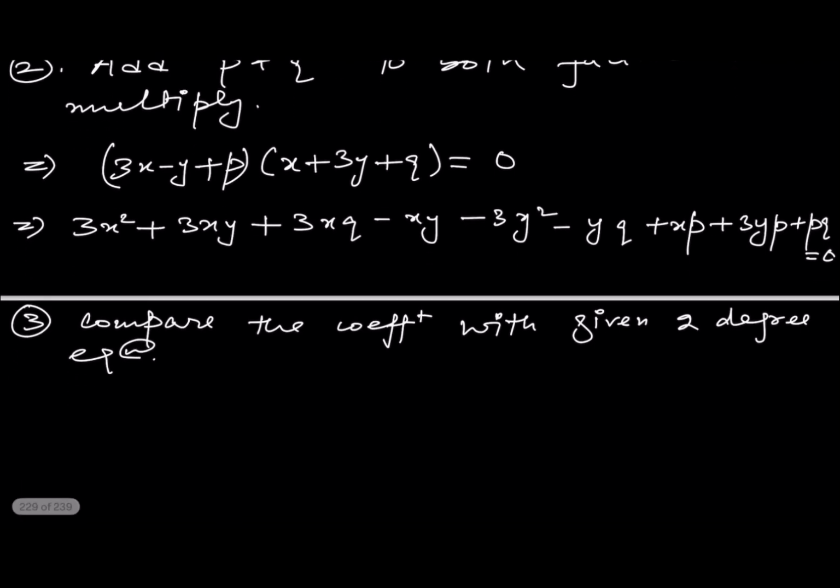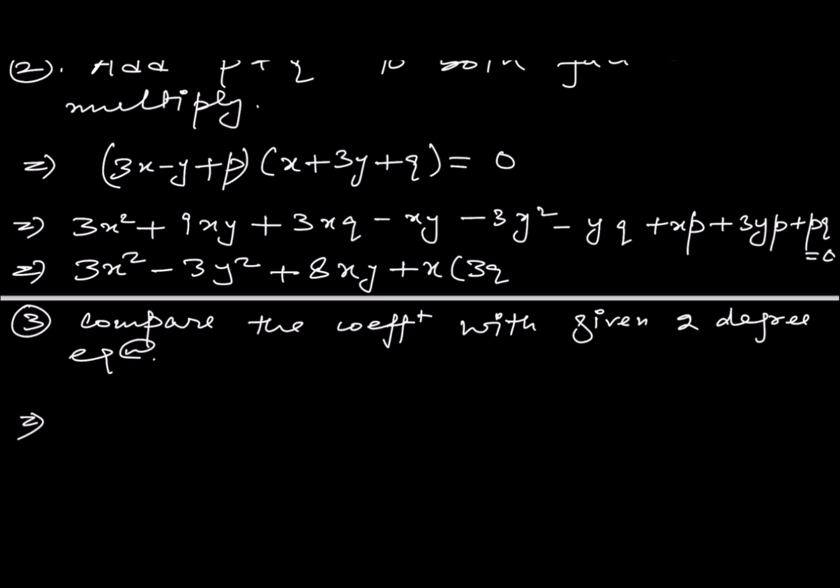So when we compare the second degree equation, or after taking like terms, this will become 3x square minus 3y square plus 9xy minus xy, that is 8xy, plus x times 3q plus p plus y times 3p minus q plus pq is equal to 0.